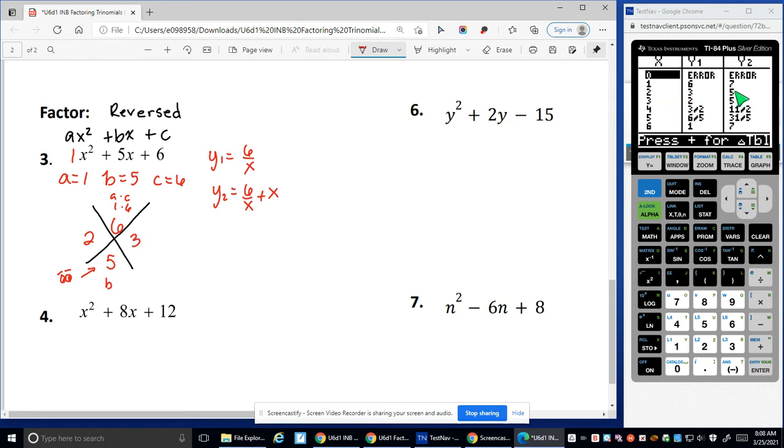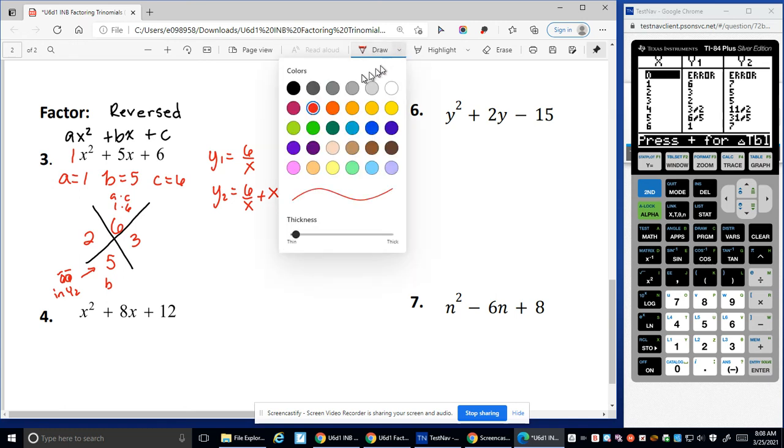Y'all see that? Here I look in Y2 for B, and then I pull out my factors. So I'm going to say, look in Y2 for 5. Okay? All right. The next step is that we're going to divide by A. Well, yay for us. A is 1.